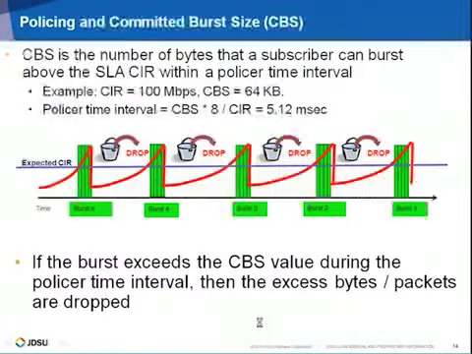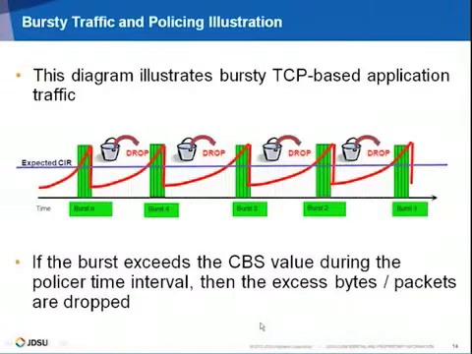Okay, so on to the next slide. This is an illustration of bursty traffic, and it's a simple illustration of how TCP traffic bursts within a policer timeline. As long as each of the green bursts of TCP frames doesn't exceed the CBS, or the number of burst bytes, within the policer interval, then the packets won't be dropped.